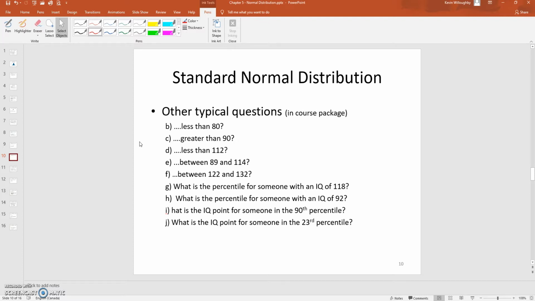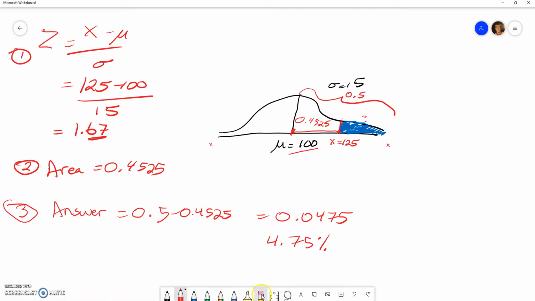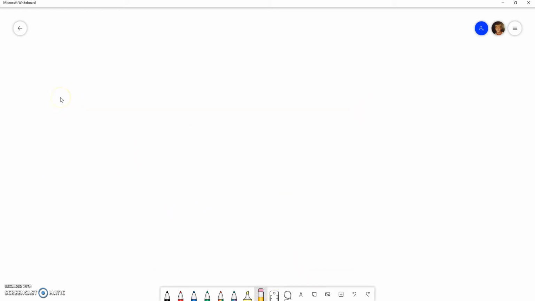Let's take a look at question 1B, where we want to calculate the probability that a randomly selected individual has an IQ less than 80. So we'll go back to this drawing board, erase it, and put in here what we're looking for.